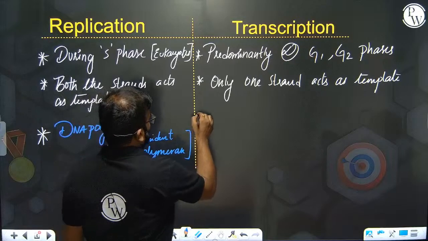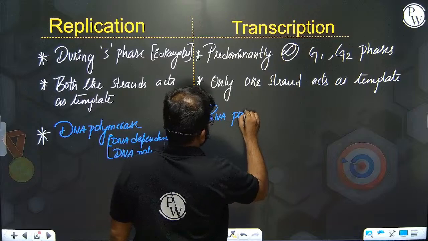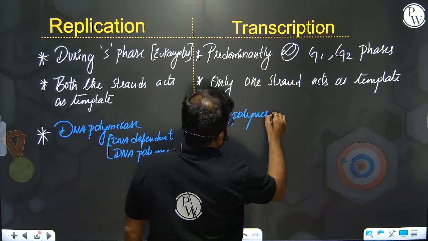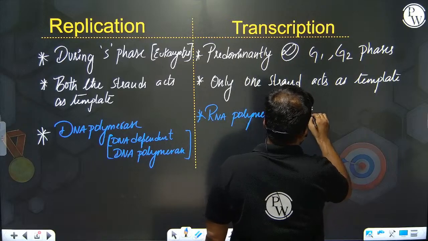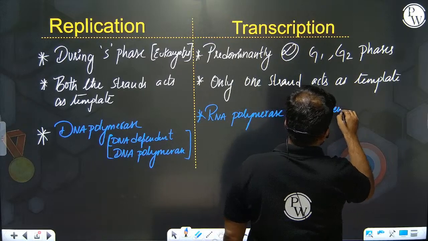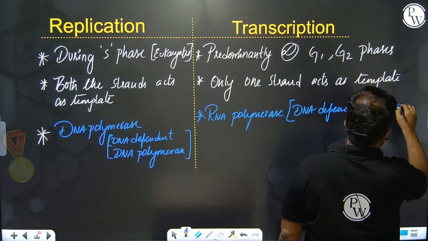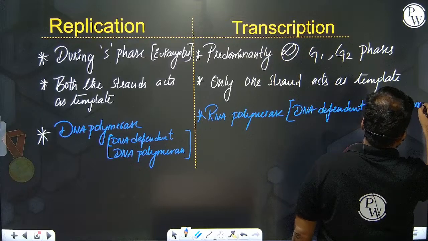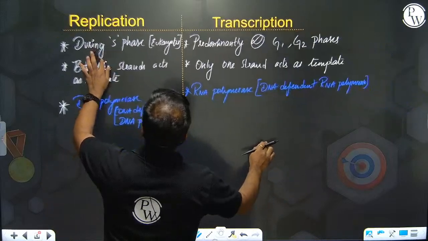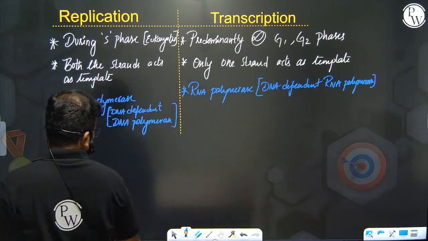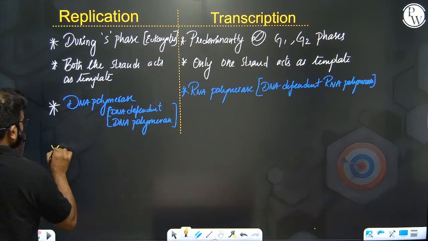Transcription is carried out by RNA polymerase, which is called DNA dependent RNA polymerase.